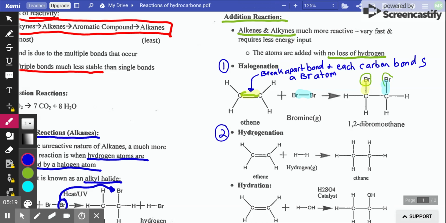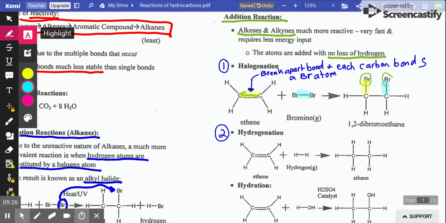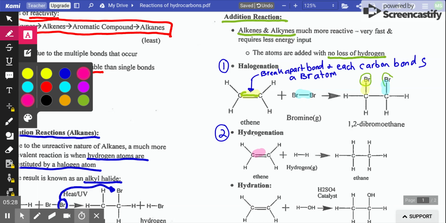The second type of addition reaction we're going to look at is hydrogenation. So hydrogenation is exactly the same type of reaction as a halogenation. We take a double bond and we break it apart. So this double bond here gets broken apart. Those electrons are getting used to connect a hydrogen instead of the halogen.